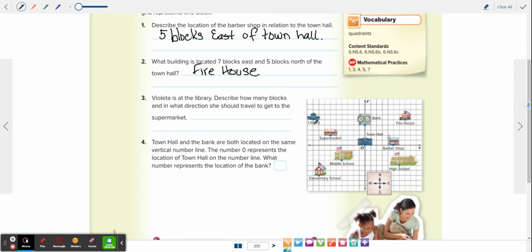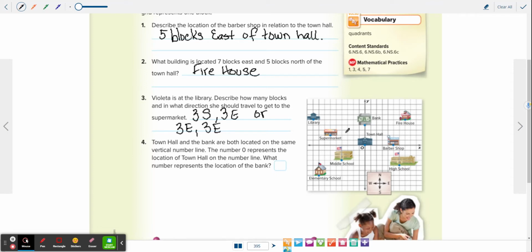If she goes south first, she's going to go 3 blocks south, 1, 2, 3, and then 1, 2, 3 east. So she could go 3 south and 3 east, or she could go 1, 2, 3 east and 1, 2, 3 south. And either answer would be right, just depending on which way you wanted to go first.